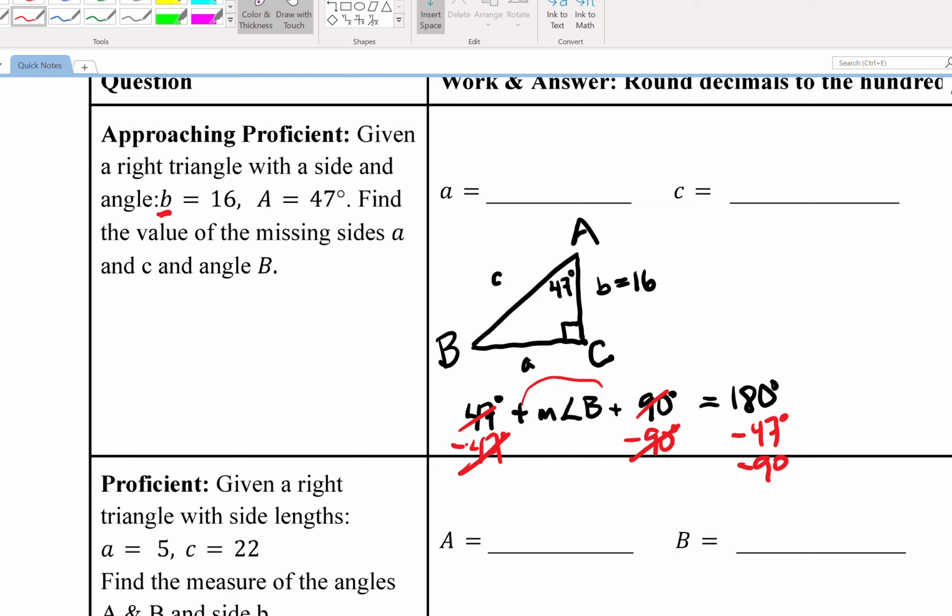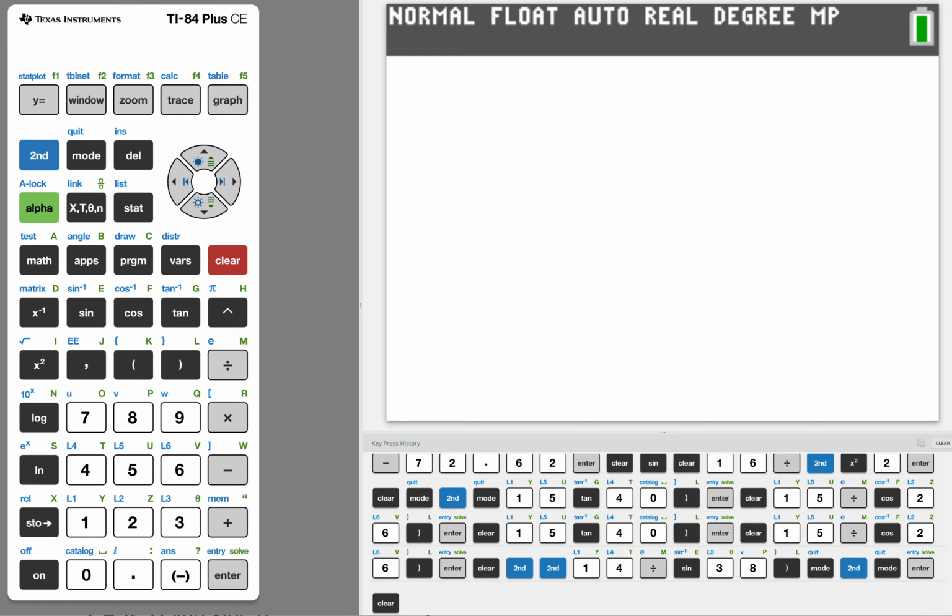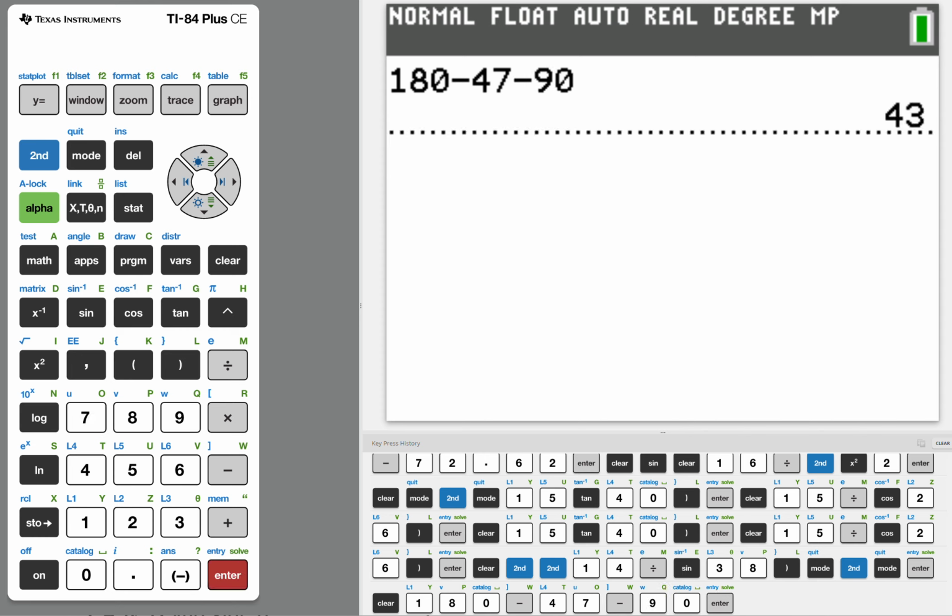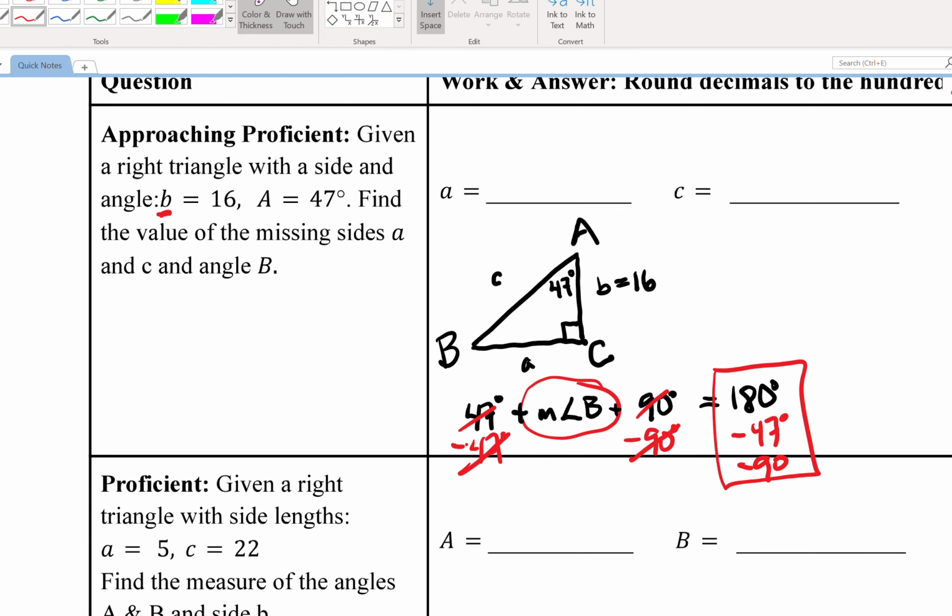And then I'm going to be left with the measure of angle B. I'm going to put that in the calculator. It's kind of late in the day and I'm tired. So 180 degrees minus 47, and then again minus 90. And that gives us 43 degrees. So I can say this is equal to 43 degrees.